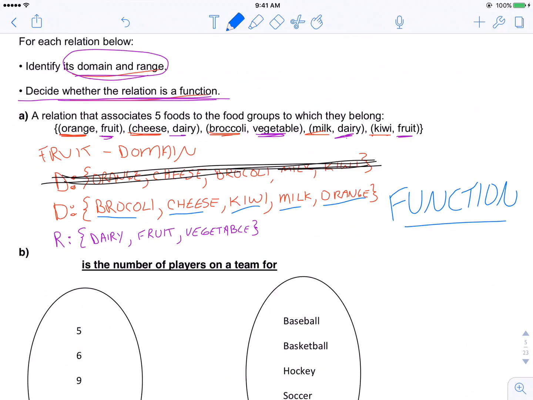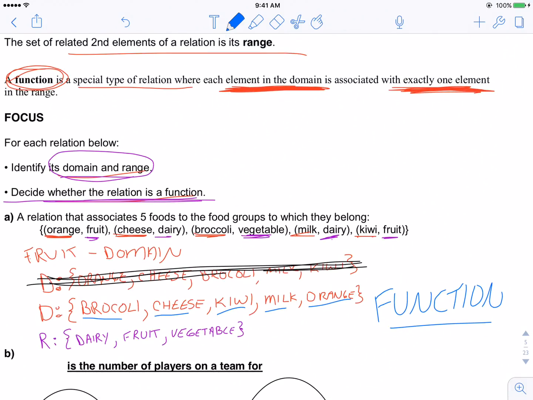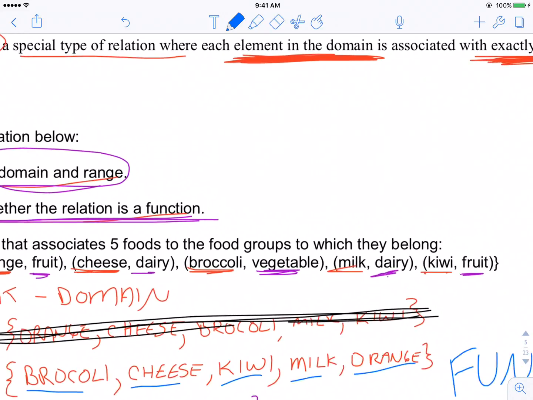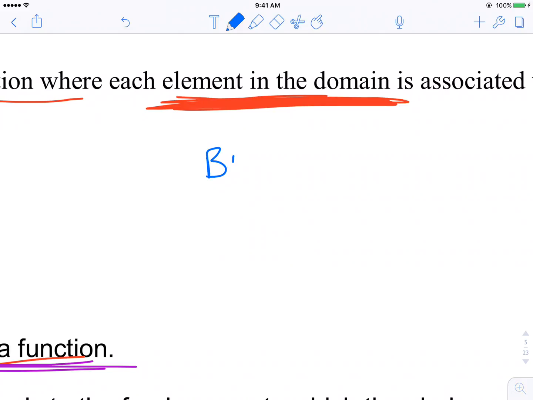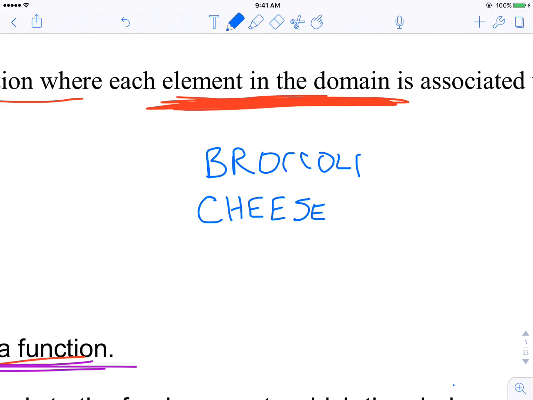Now sometimes when you're looking at lists of words like this and we don't have a graph to look at, it's easier to look at a quick little arrow diagram. So if I just quickly drew an arrow diagram for this, I would have broccoli, cheese, kiwi, milk, orange.